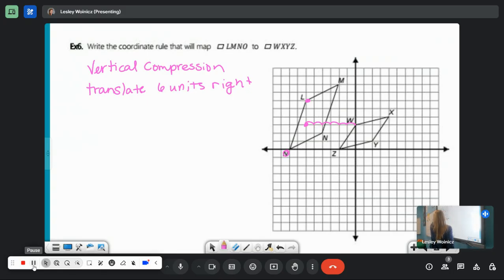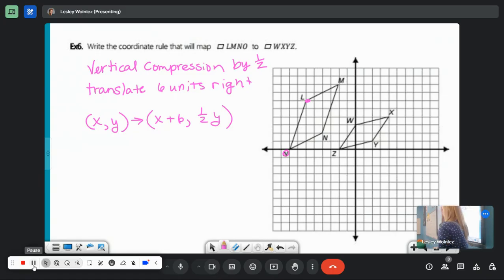So L is double the height away from the x-axis compared to what W would have been before we translated it. So that's how we know it's 1/2. Everybody see it? So we were doing (x, y) maps to (x, 1/2 y). Good. Then the translation: (x, 1/2 y + 6). That's it. Perfect.